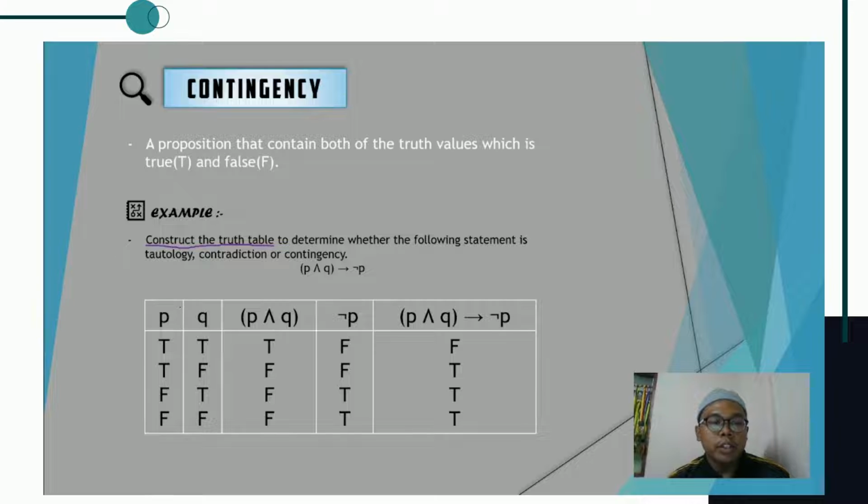If we have 3 variables P, Q, R, the number of lines for truth value is 8. So let's go to this question.